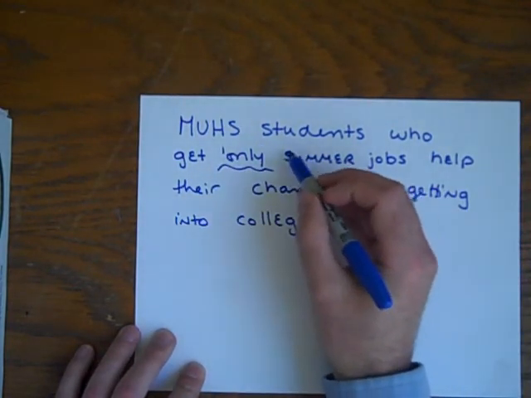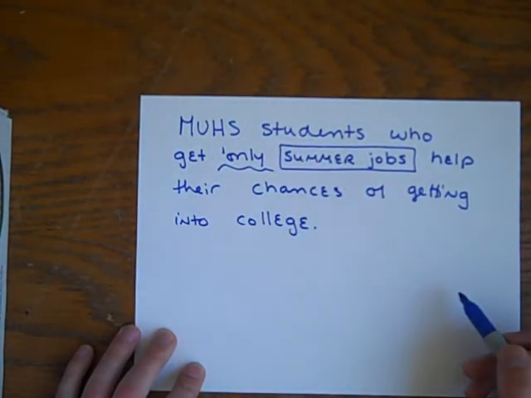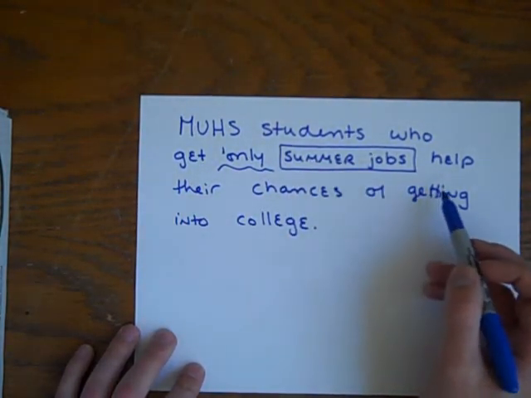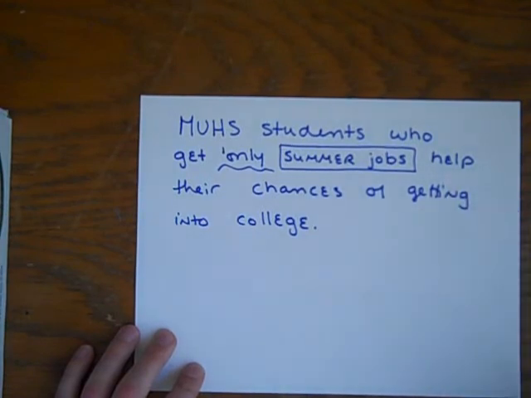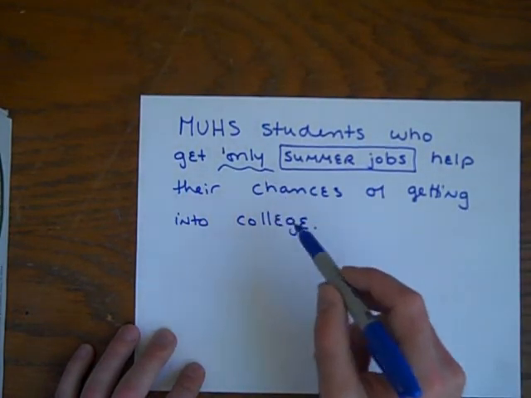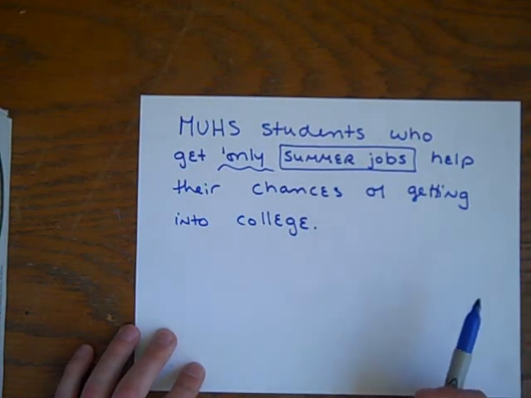Now only is still modifying summer jobs, but it's not squinting because it can't also modify help here. And so the way to fix a squinting modifier is to move it to the other side of the thing that you mean it to modify, so that it's not sitting in between two things that it could potentially modify.